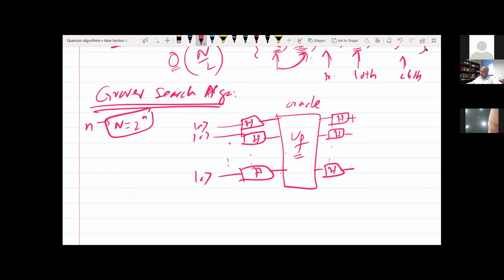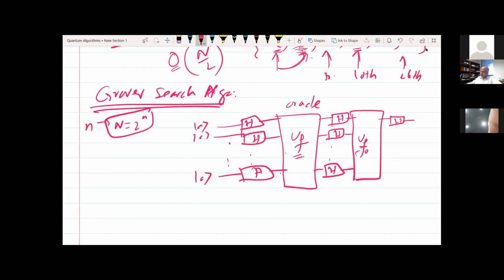and then you do another unitary operation. We will give it a symbol UF naught, and this is a very simple unitary operation which just gives a minus sign to every input that comes other than the 0 state.